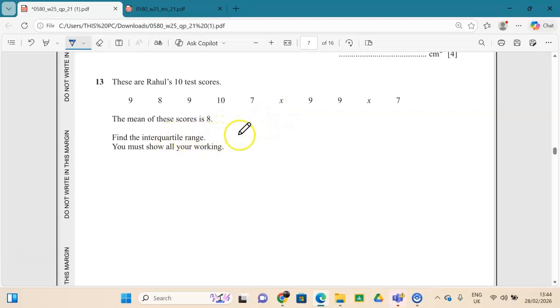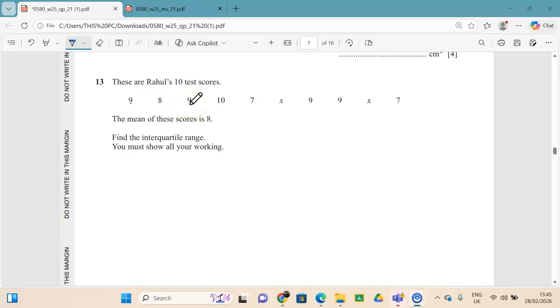The mean of the scores is 8, so I'm going to add up every other thing here. 9 plus 8 gives us 17, and 17 plus 9 gives us 26. Then 26 plus 10 gives us 36, and 36 plus 7 produces 43.